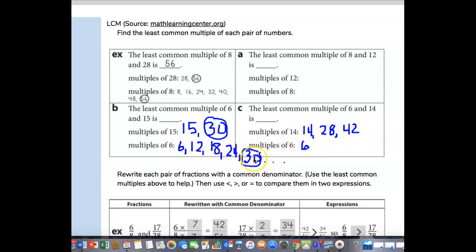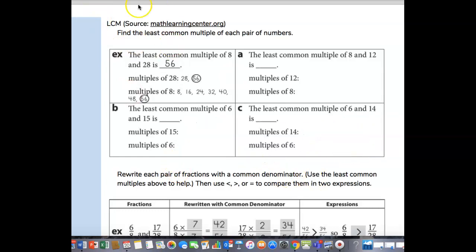If we did this further, 30 plus, okay, I don't want to confuse you. Well, 6 times 5 is 30. Then 6 times 6 is 36. 6 times 7 is 42. So this is going to be the common multiple here. So 42, so 30 and 42.